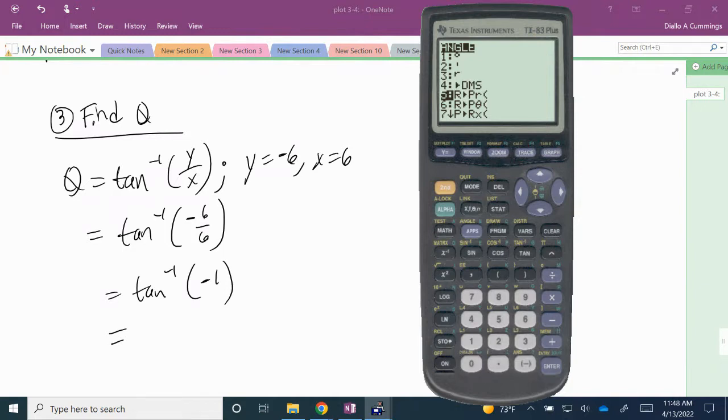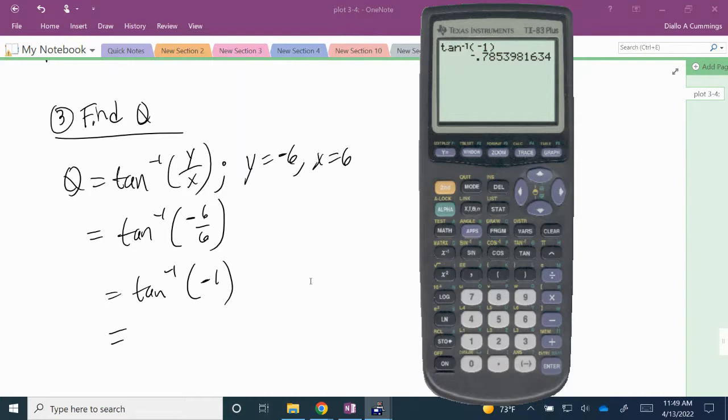I'm going to check the mode on my calculator. I believe they're using radian measure, so I'm going to make sure I'm in radian mode. I put in the arctangent of -1, and notice I get -0.785, which doesn't correspond to any angle on the unit circle.